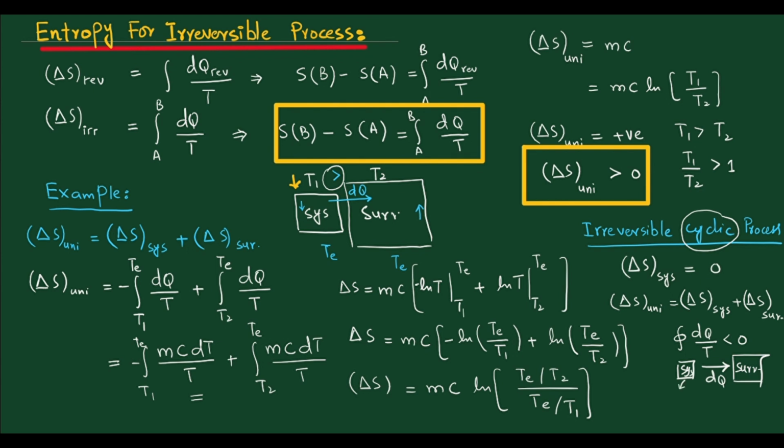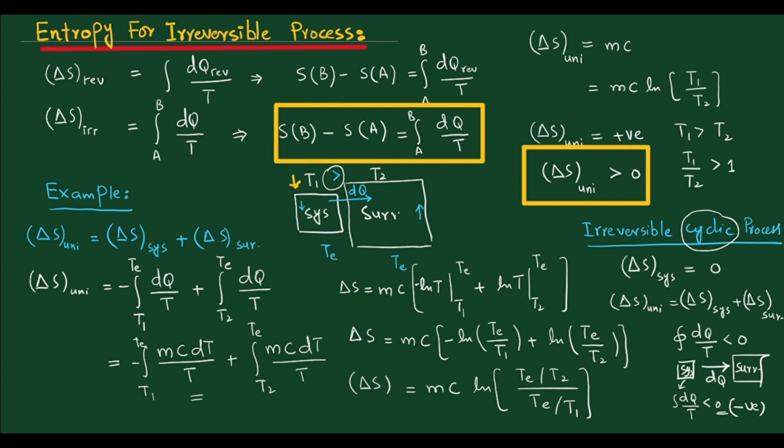That's why the closed integral of dq over capital T is less than 0, because if the integral gives us a negative number, it means that the heat flows from the system to the surrounding.